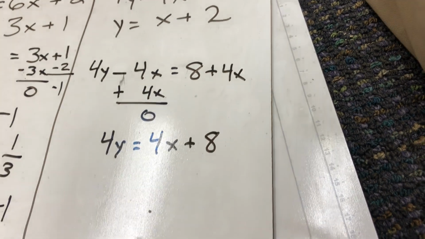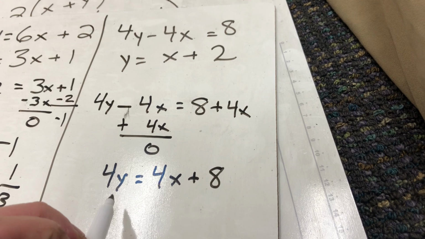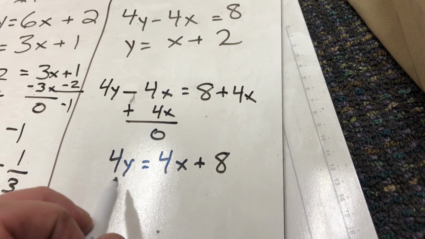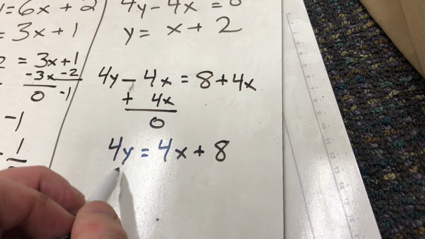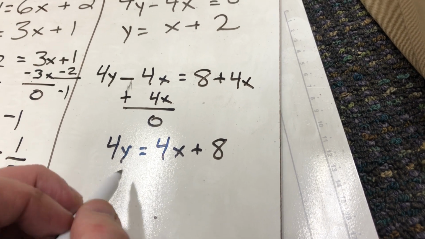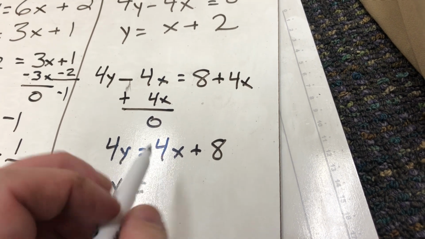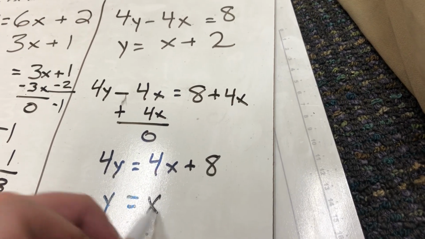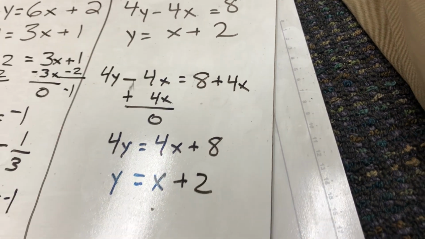I can flip the numbers on an addition problem. But it's still not really slope-intercept form because it's not y by itself, it's 4y. So I'm going to have to divide everything by 4. Well, 4y divided by 4 is just y. 4x divided by 4 is x, and positive 8 divided by 4 is a positive 2.